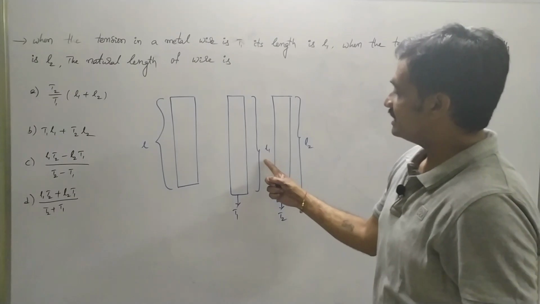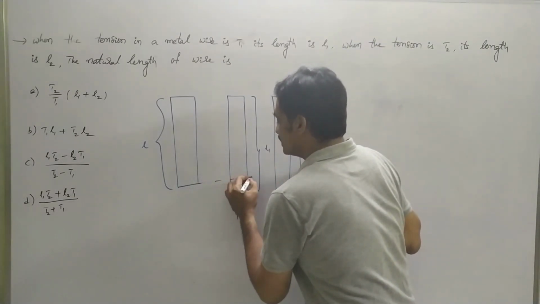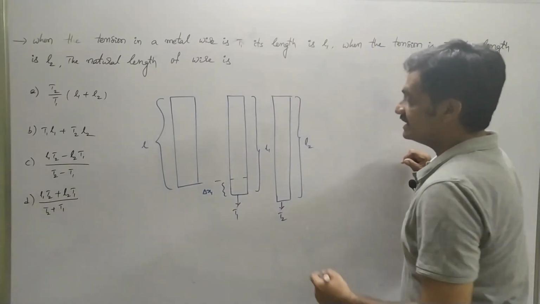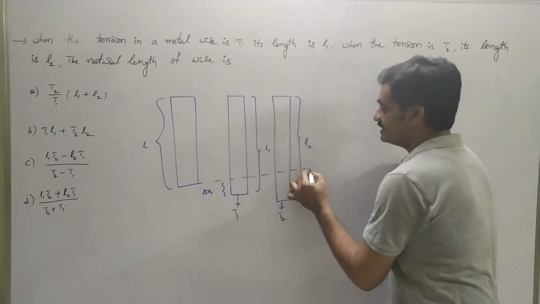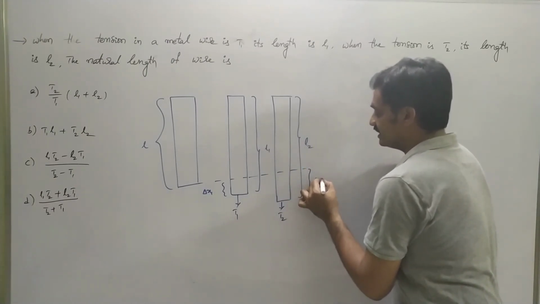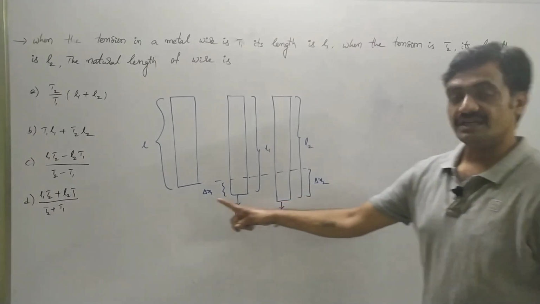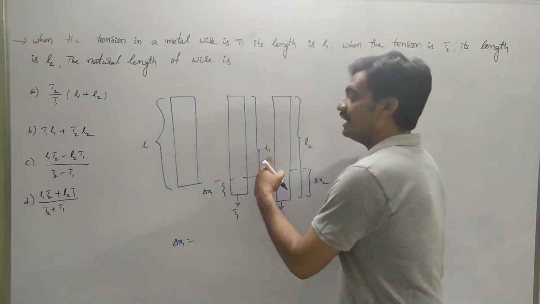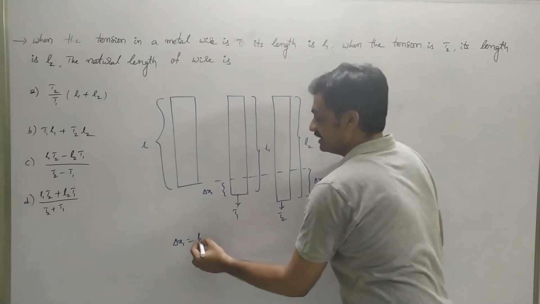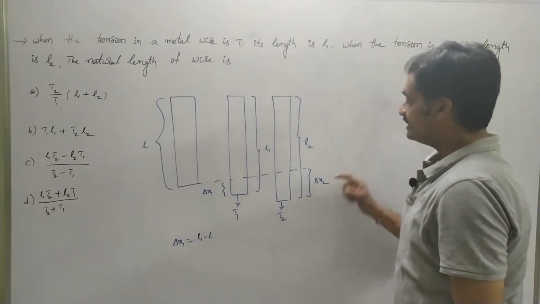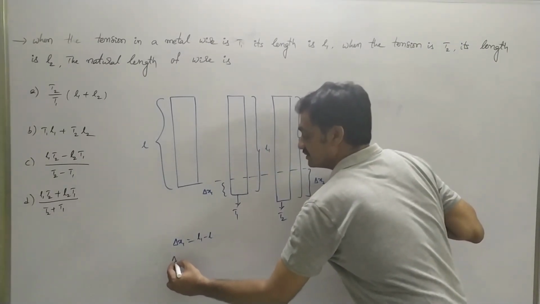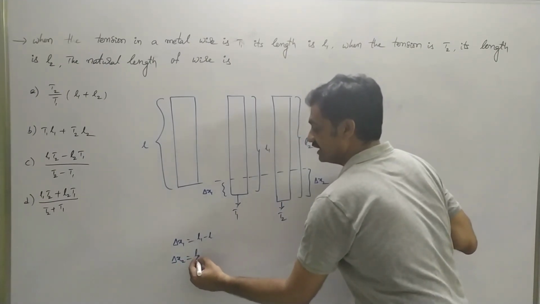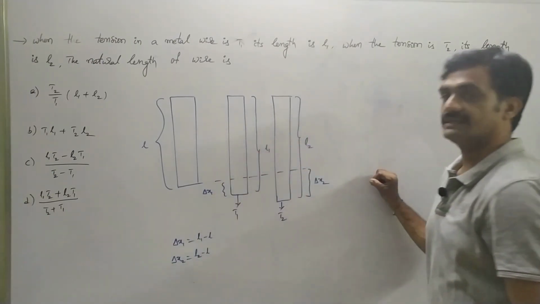Now observe that in the first case, the extension is represented as delta x1, whereas in the second case, the extension is represented as delta x2, where delta x1 is equal to L1 minus L. In the same way, delta x2, the increase in length in the second case, is represented as L2 minus L.